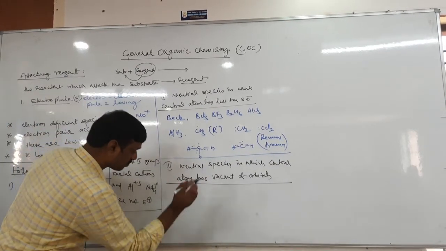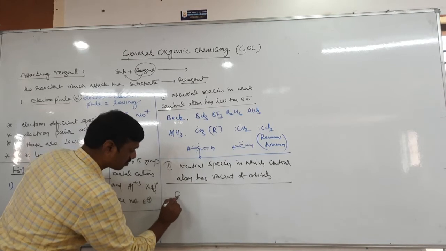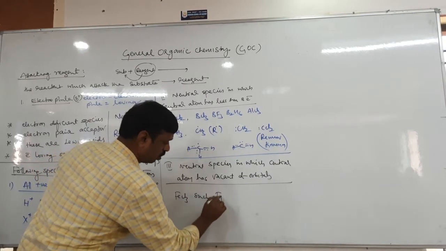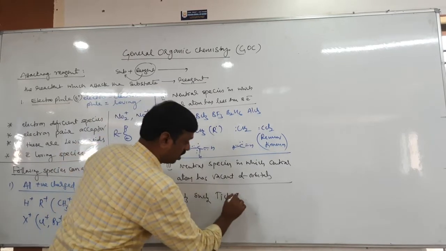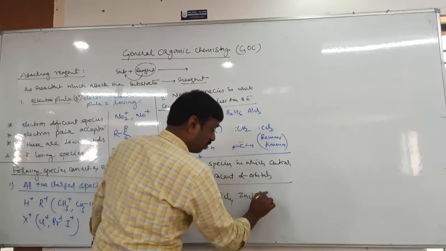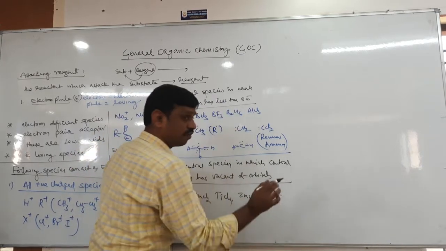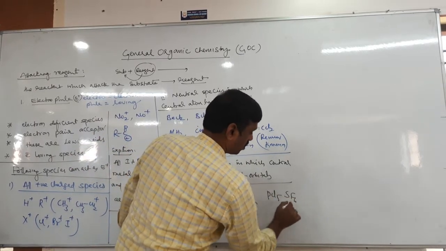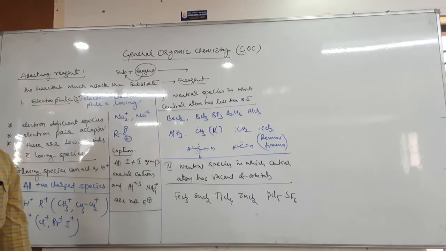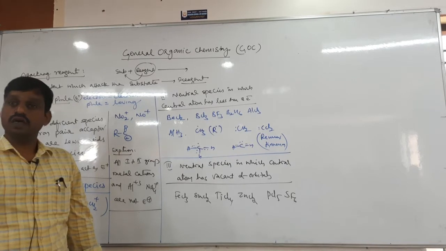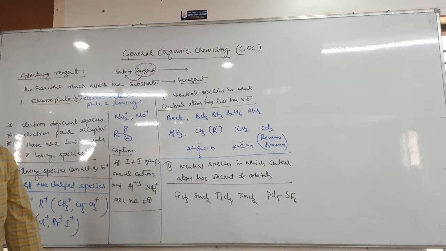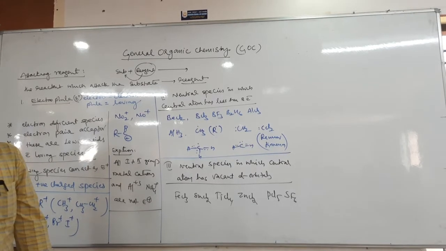For example, d block elements FeCl3, SnCl2, titanium tetrachloride, ZnCl2, even phosphorus PCl5, sulfur SF6. So other than the first element in the p block also having d orbitals, they also act as electrophiles.